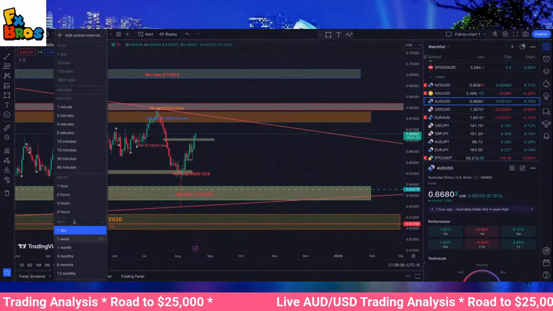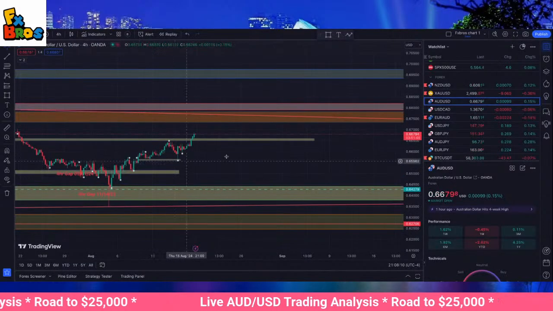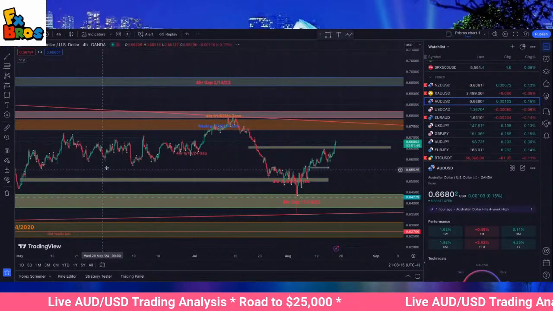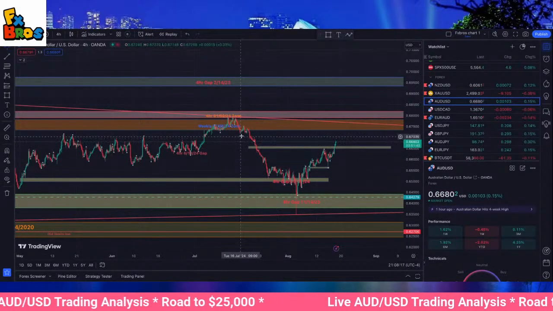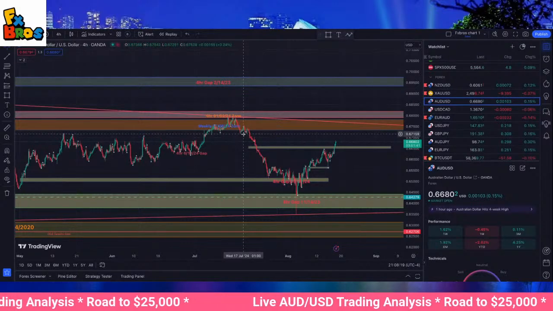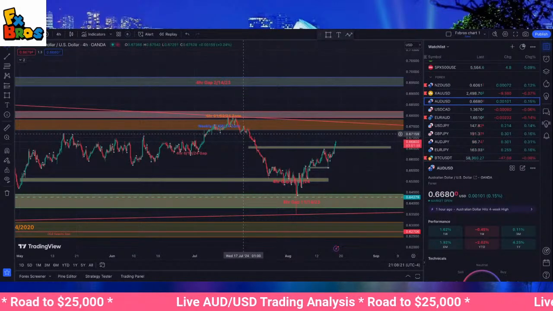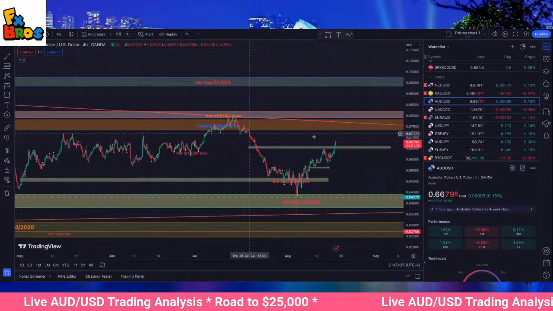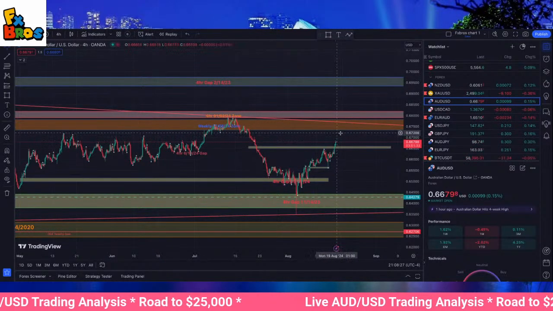We will be able to see that on the 4-hour. So this could be an area of resistance, 67.15 to 67.20. Up in that range, we could reach that height and turn around.